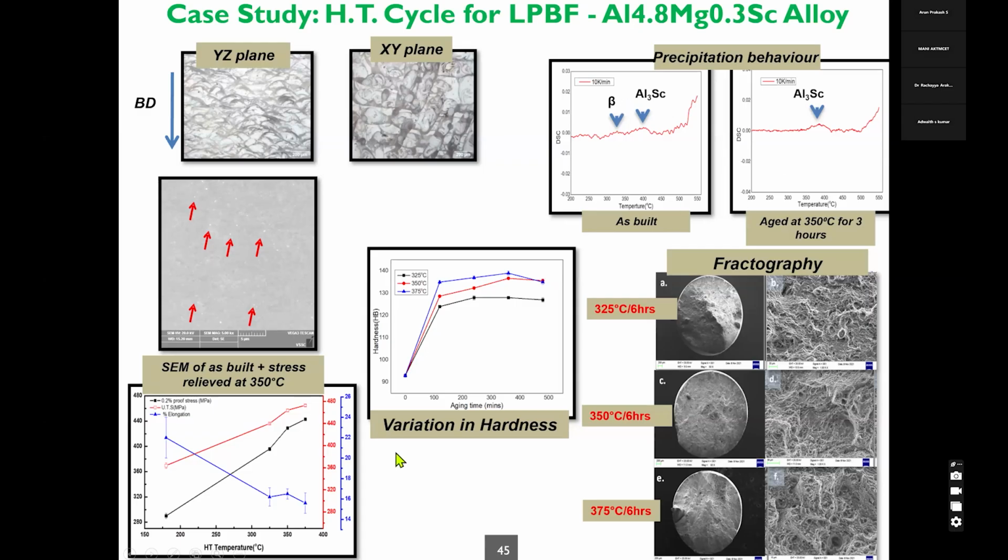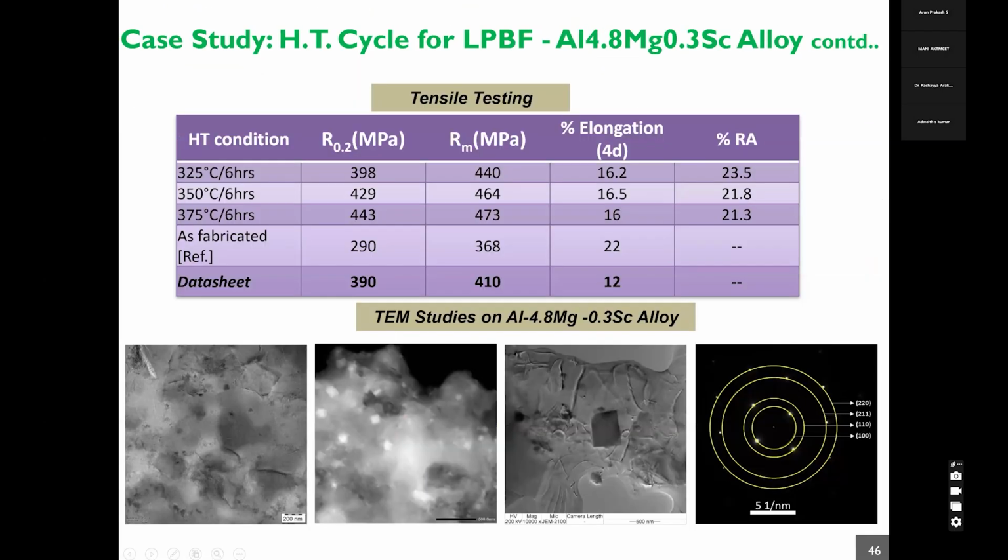So based on this, we saw that by adopting a 375-degree aging cycle for 6 hours, we could get a strength which is at least 50 MPa higher than that specified in the data sheet. So by optimizing the heat treatment cycle, we are able to fine tune the mechanical properties and get very high margins even in case of aluminum alloys.